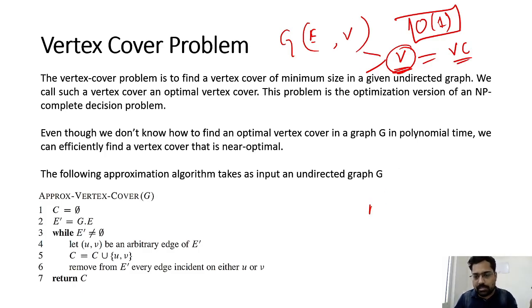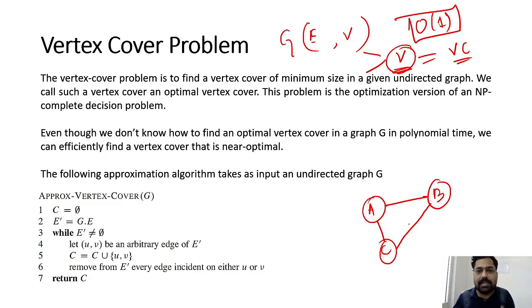In general, I am taking this example of a graph, or you can say a tree. For a graph, a cycle may be present. If I select all the vertices, it is also a vertex cover, but this is not exactly our target. Our target is to find the minimum vertex cover.